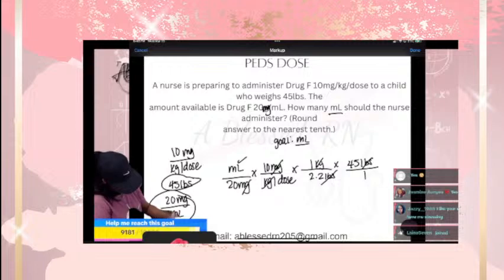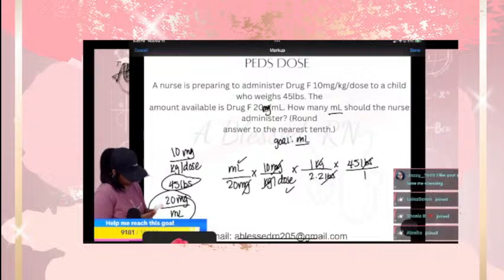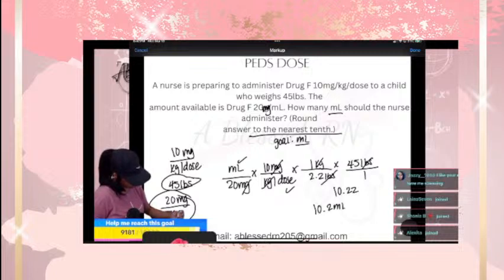So that's going to be how many milliliters in a dose. So we'll do 10 times 45 divided by 20 divided by 2.2. I got 10.22, and it says to round to the nearest tenth. So our answer will be 10.2 mL.